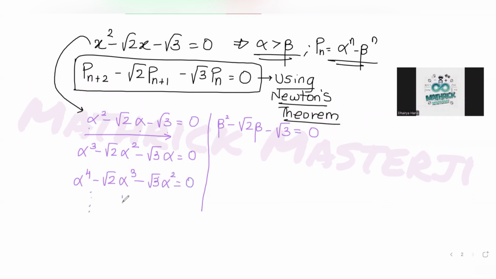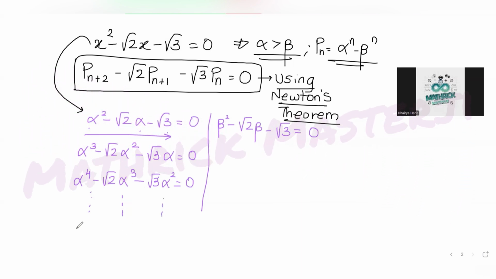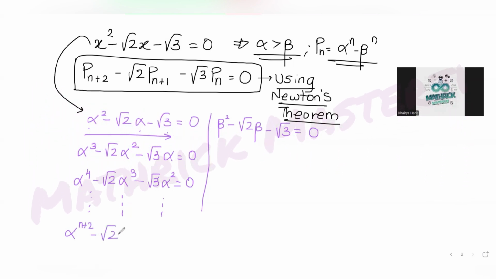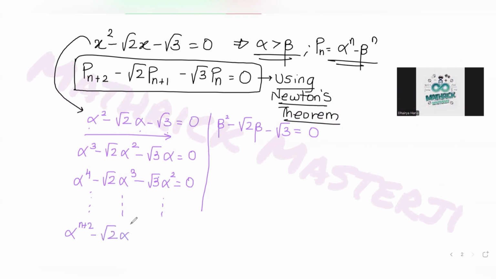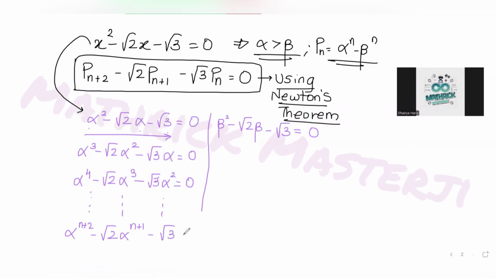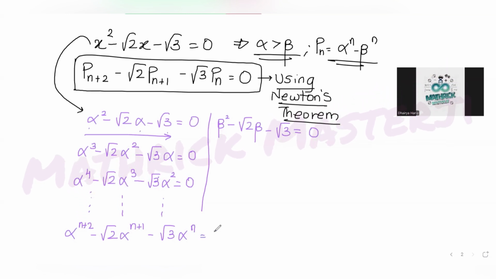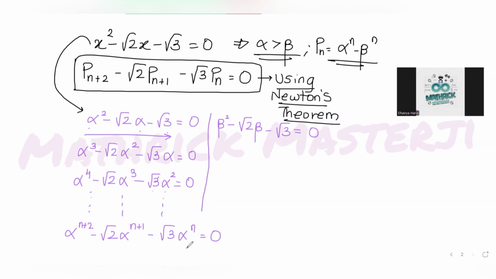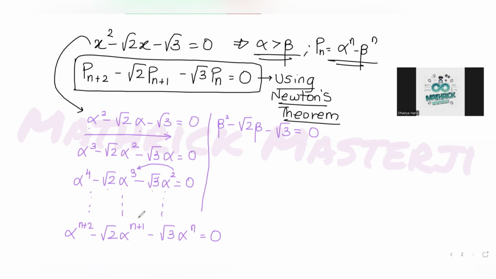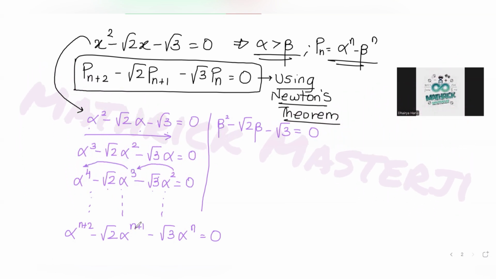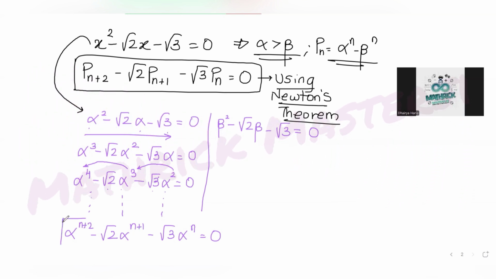Generalizing this idea, I can write alpha raised to n plus 2 minus root 2 times alpha raised to n plus 1 minus root 3 times alpha raised to n is equals to 0. With root 3 I have alpha to the power of n, with root 2 I have one power increased, so alpha raised to n plus 1, and the first term has one more power increased, so n plus 2.